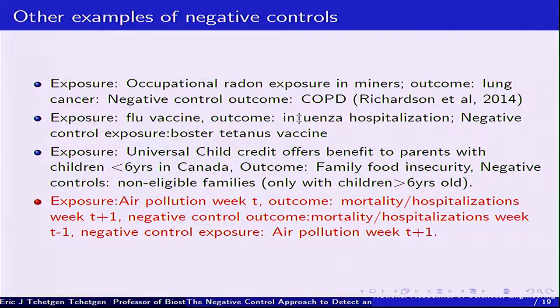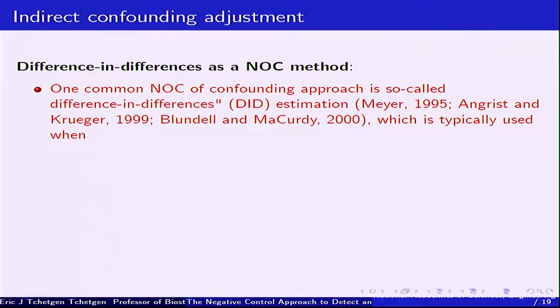And because of temporality, the causal assumption that the air pollution after mortality cannot causally affect mortality is very natural. And so in time series studies for air pollution, for studying the impact of air pollution on mortality, this is what we call a double negative control design, which lends itself quite naturally and I think should be used quite routinely.